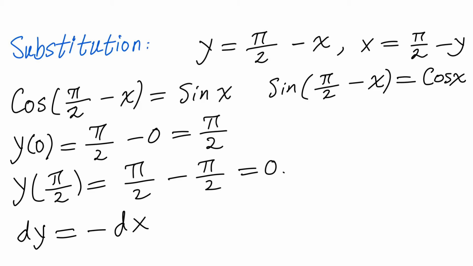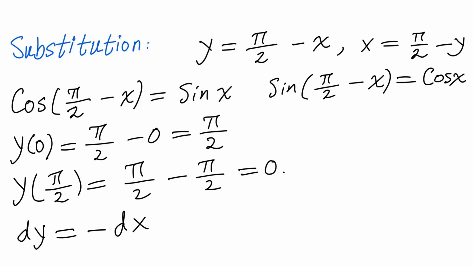It tells something. And second, there are two properties of cosine and sine that allow us to use some kind of symmetry, like cosine of pi divided by 2 minus x equal to sine of x, and sine of pi divided by 2 minus x is cosine of x. After this, we will replace the value of x in the limits of integration in y.